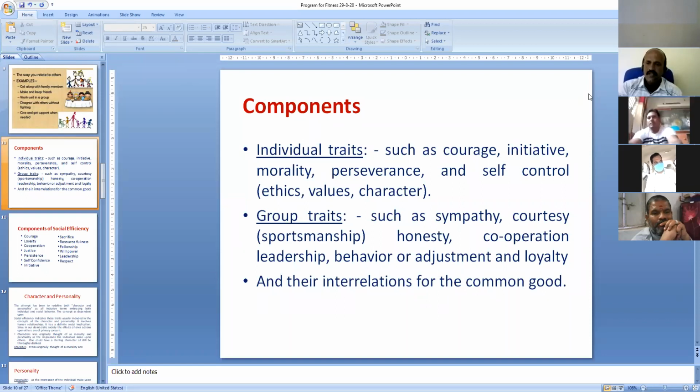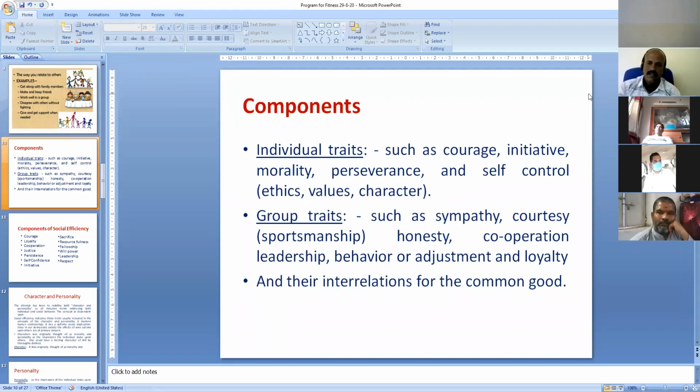So in a team game, we need a star player, star quality players. That means his cooperation should be good, leadership should be good, and behavior should be good. Such people are needed for team games, and their interrelationship for common good.